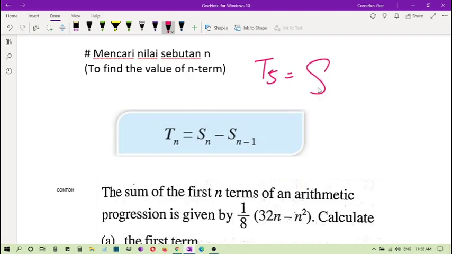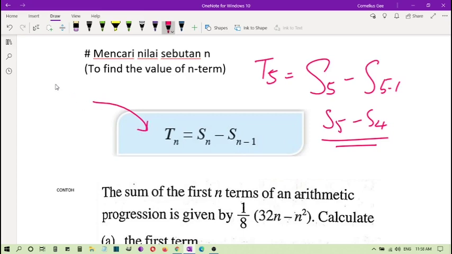It should be S5, sum of the first 5 terms minus sum of the 5 minus 1, which is actually sum of the first 5 terms minus sum of 4 terms. Okay, so this is the formula to use to find a term, besides the other formula, Tn equal to A plus n minus 1d. So you can use this also.